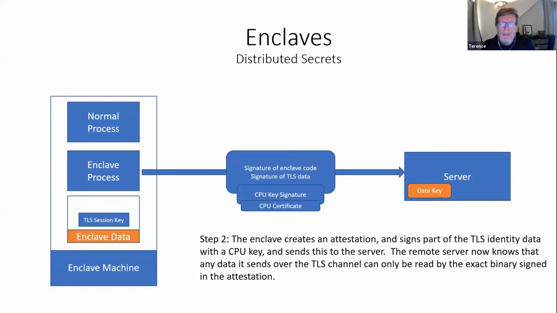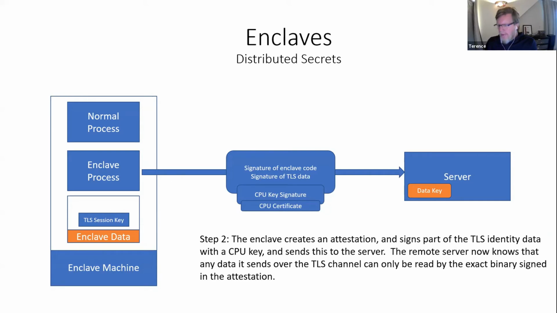And over that TLS session, it can basically send a signature of what it's running, a signature of its actual instructions, and bind that to the TLS data, and then send something that's signed by the CPU, this attestation that says this is the exact binary that is running on this CPU, signed by the CPU itself, over a channel that is protected by the actual CPU's sealing key.